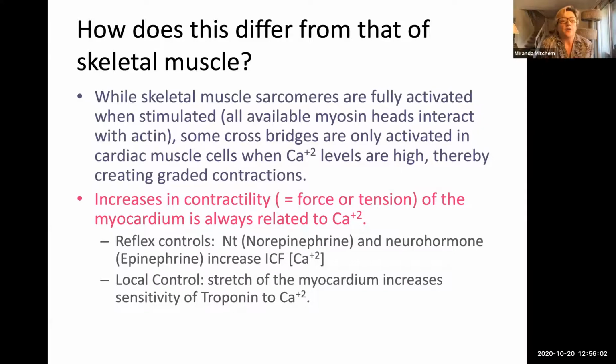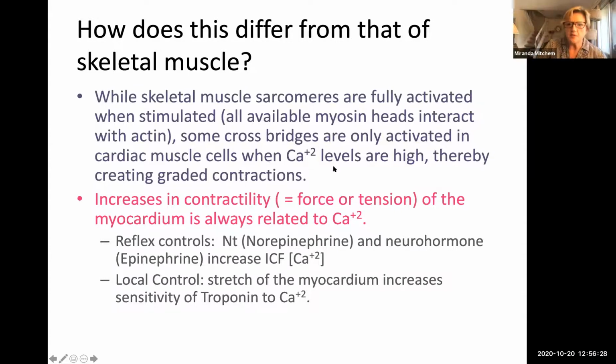Now, our skeletal muscle sarcomeres do get fully activated when they're stimulated, meaning that all the myosin and actin are interacting. With our cardiac muscle, though, that's a little bit different. There's another role of calcium here.